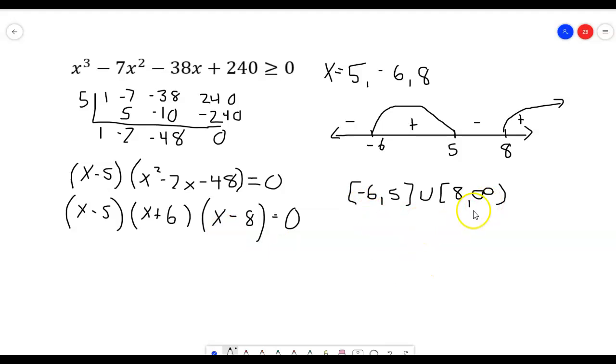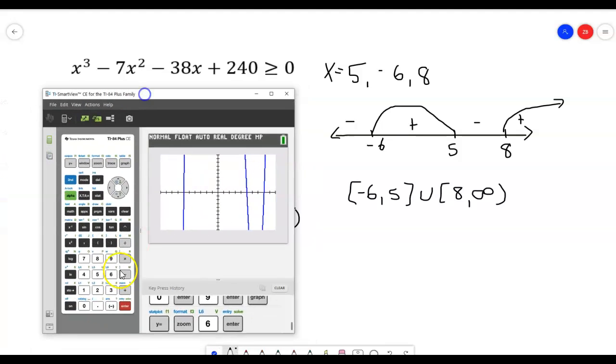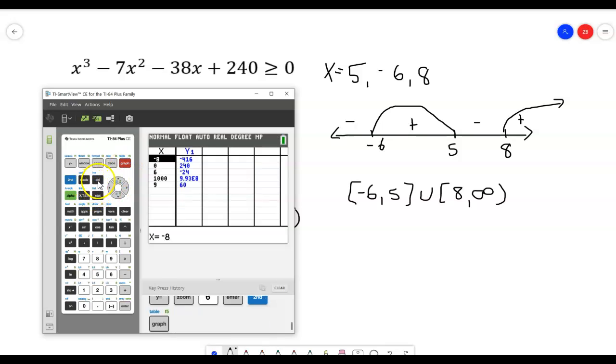So this is the interval notation for the solution set for all of the x values where I'm greater than or equal to 0. And what does that mean? That means as long as, let me go back to my table, as long as I put in any of these values here, any one of those, it's going to give me a value that's greater than or equal to 0.